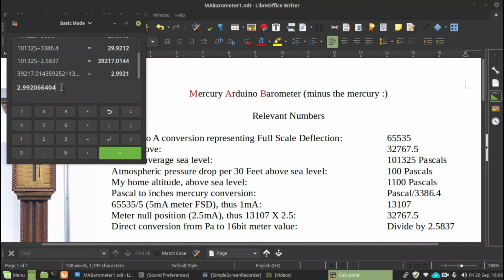So this is the number that is presented on my analog meter of 2.992. Again, just under the 30 inches mercury number. So that confirms the list of numbers, that they're working correctly. There we are. That's the numbers.